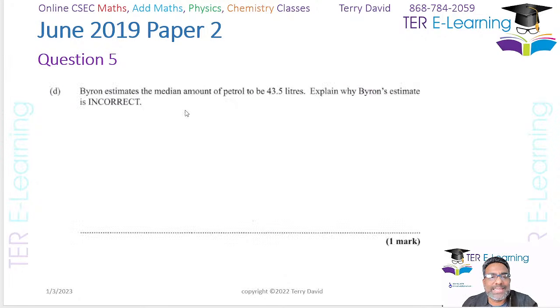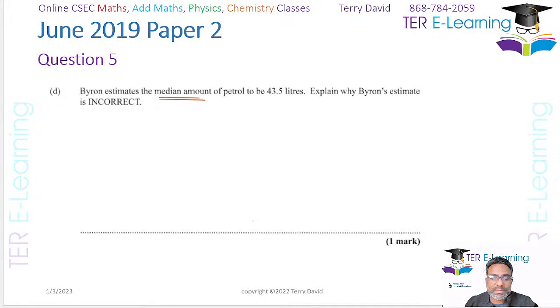Byron estimates that the median petrol is 43.5. Explain why Byron's estimate is incorrect. I've seen them bring this in several different papers, and you have to be careful when you're doing a question like this.